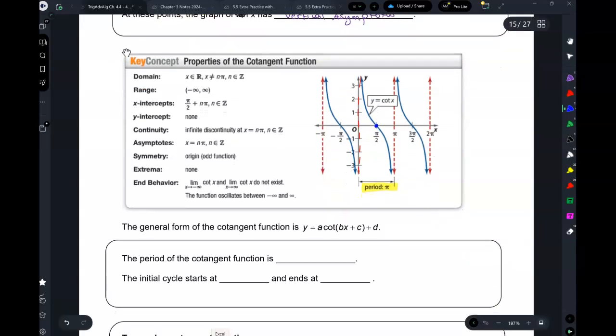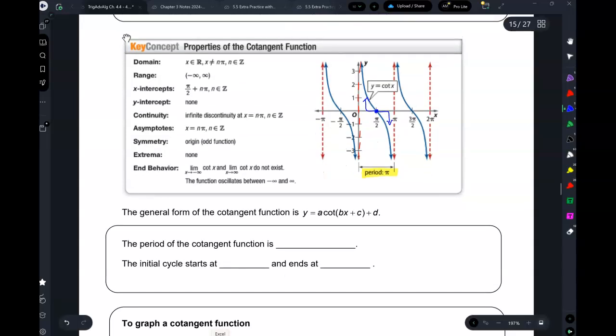Unlike the tangent, it goes down to the right and up to the left. So it's opposite. Do not say it's a reflection because the interval is also different, right? So it would have been a reflection if this also went from negative pi over 2 to pi over 2, but it doesn't. This goes from 0 to pi. So it's an entirely different thing, okay?